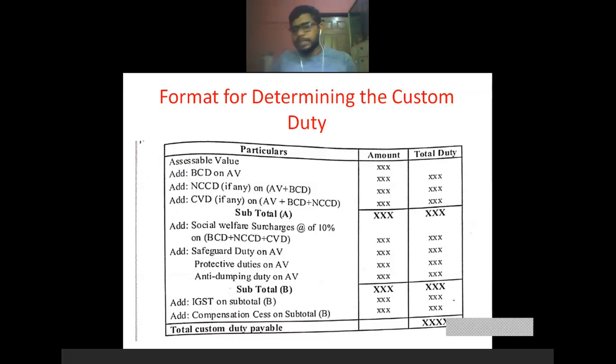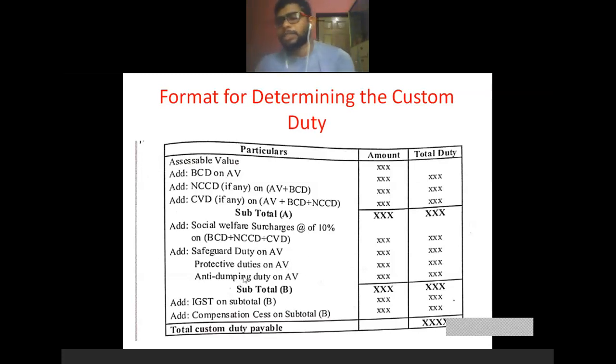Then safeguard duty, protective duty, anti-dumping duty: everything you calculate on assessable value if it is given in terms of percentage. But if it is not given in terms of percentage, you calculate it at the end.